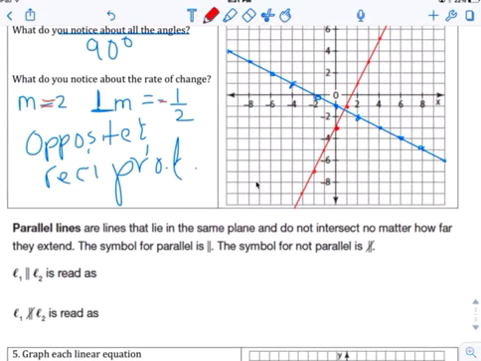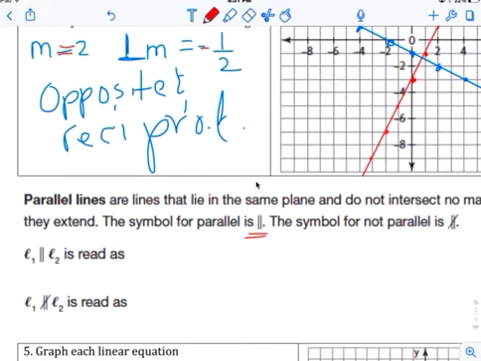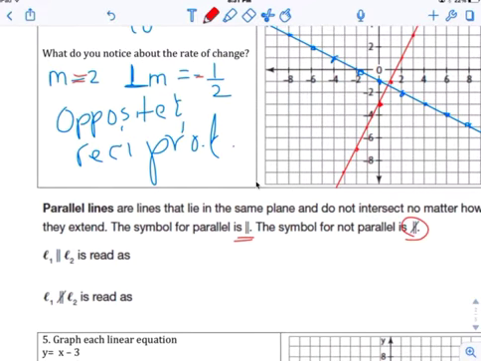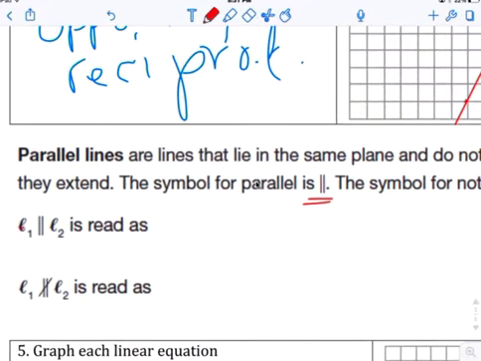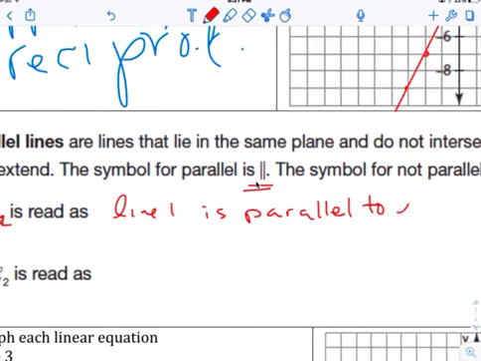Parallel line, this reads, the symbol is parallel, the symbol is not parallel. So this reads line 1 is parallel to line 2. That's line 2 right there.